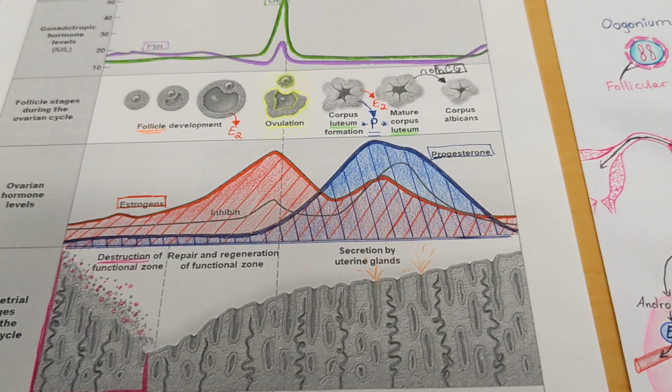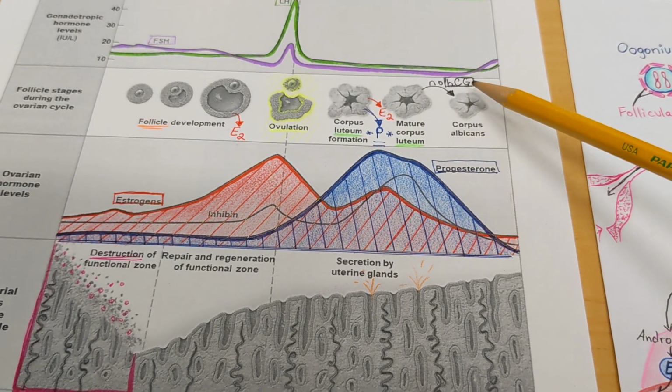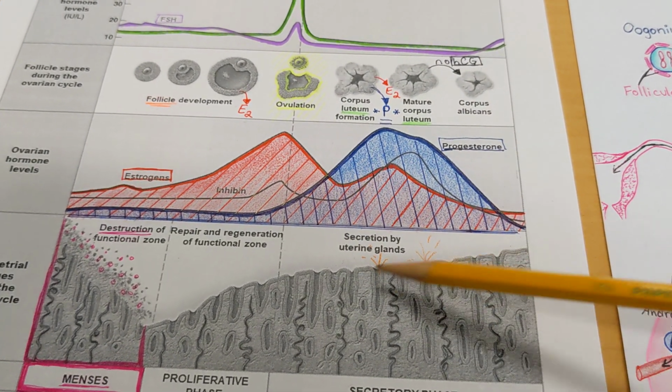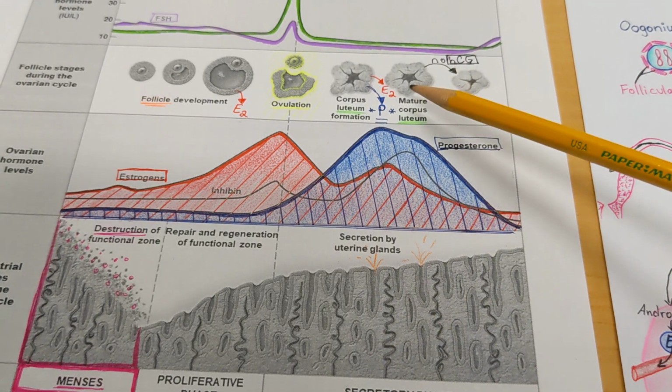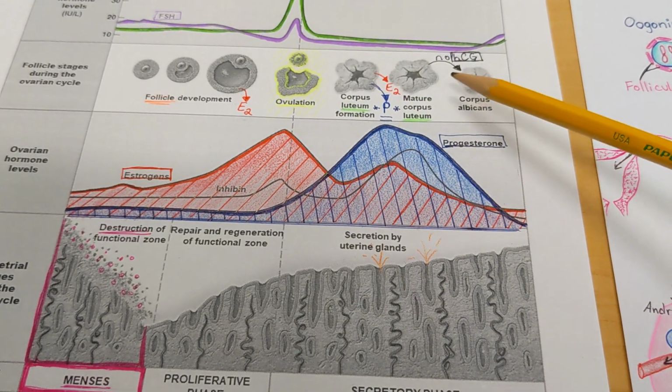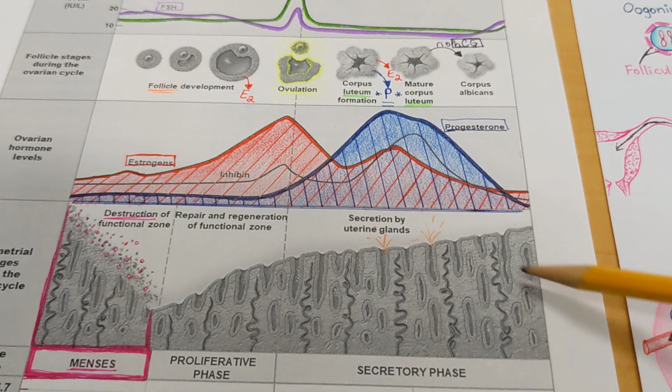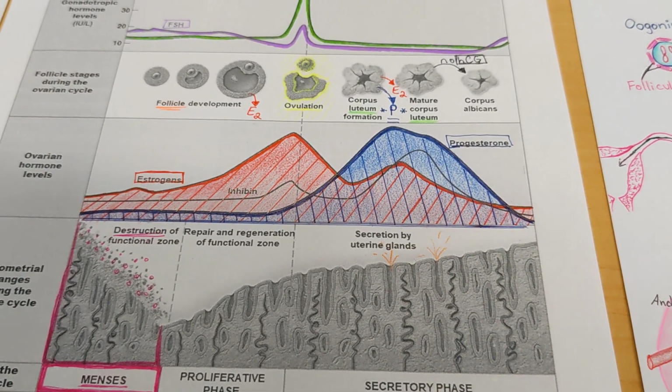Okay. If the corpus luteum detects human chorionic gonadotropin, it is going to maintain the endometrium, because the corpus luteum is going to continue living, okay, continue secreting progesterone, which maintains the endometrial lining.